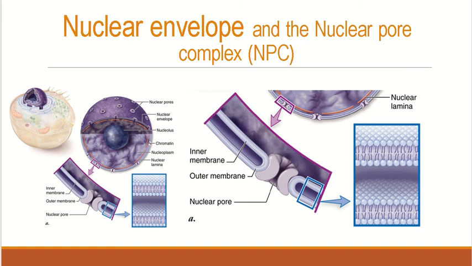You have the inner and the outer nuclear membranes, separated by a perinuclear space. Please keep in mind that each membrane is a phospholipid bilayer. As we further magnify this part of our figure, it is evident that the inner as well as the outer membrane are individual phospholipid bilayers.